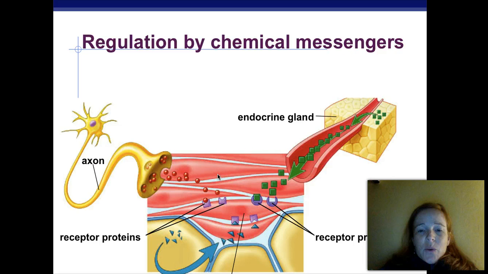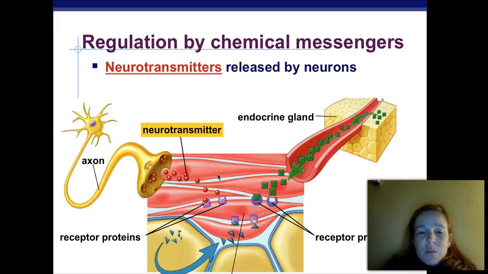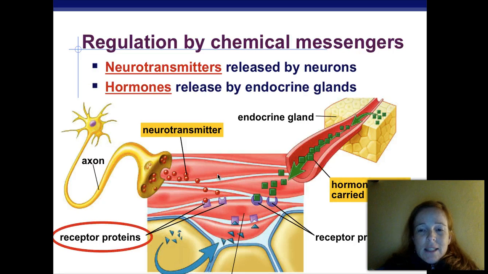Okay, so this basic picture, it seems silly to compare them to me because they're so different, but the axon here is dumping off its neurotransmitters, being released by the neuron, being captured by these receptor proteins.